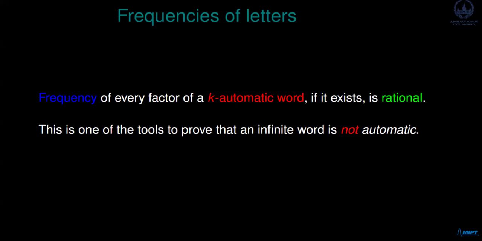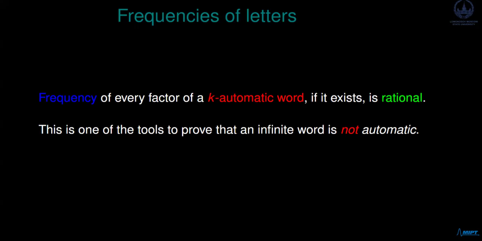Tool for proving non-automaticity. The fact that k-automatic words have rational frequencies is not just a property of automatic sequences, but also a powerful tool for proving that an infinite word is not automatic. If you can show that the frequency of a factor in an infinite word is irrational, then you have proven that the word cannot be k-automatic.